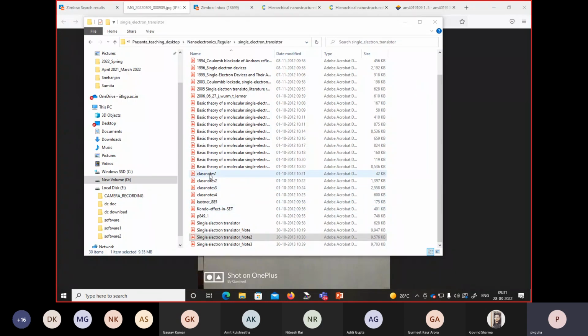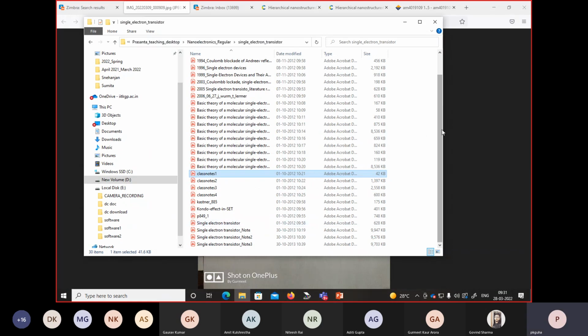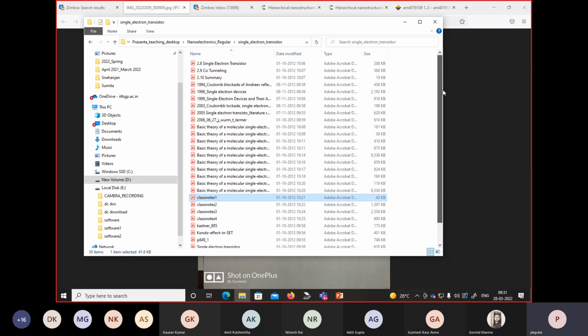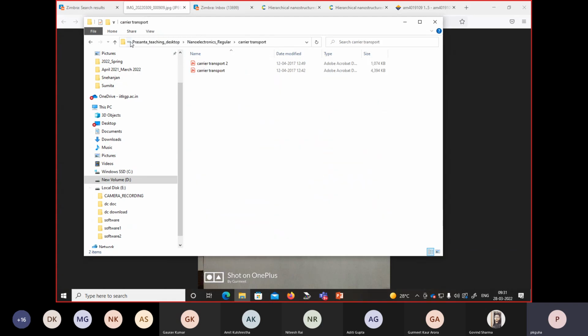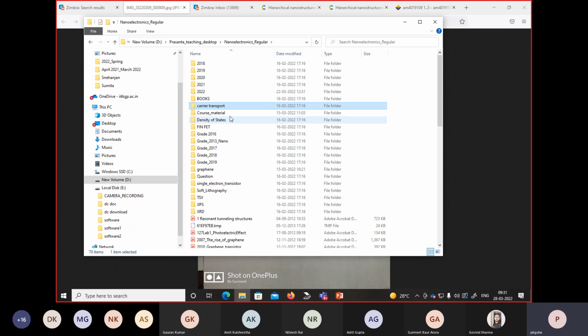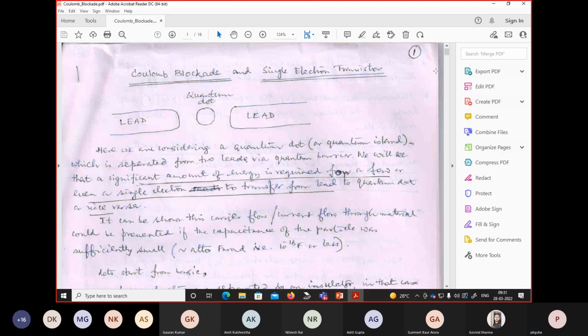It's a class note. Is it this? No, it's not this one. Give me a second. Ah, Coulomb blockade. So this was the class note, right?